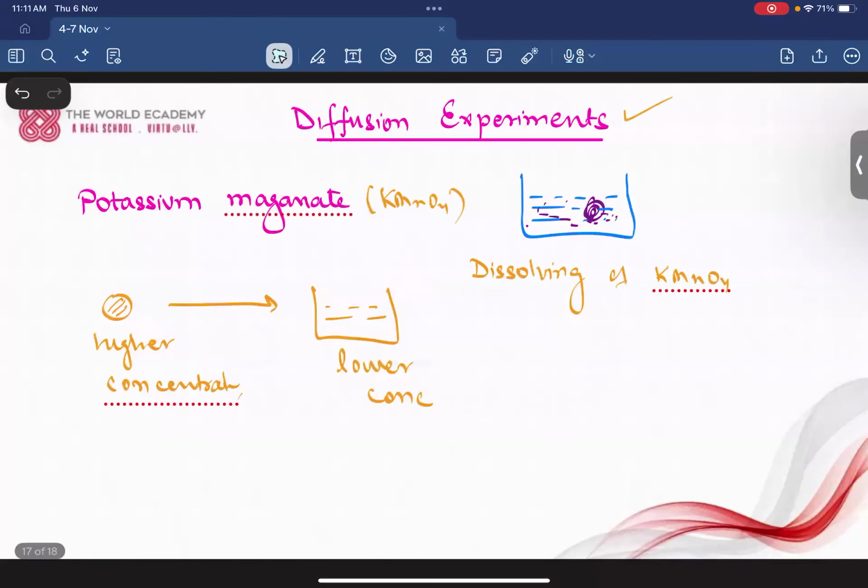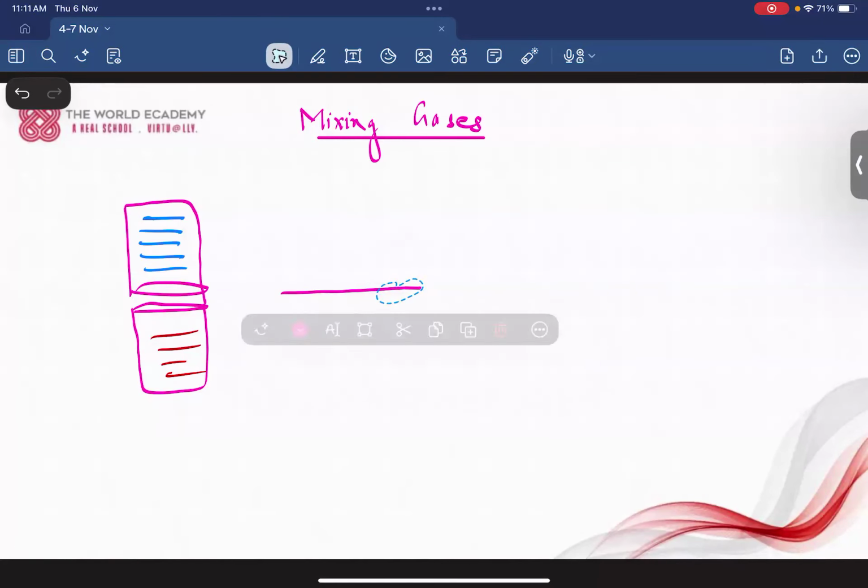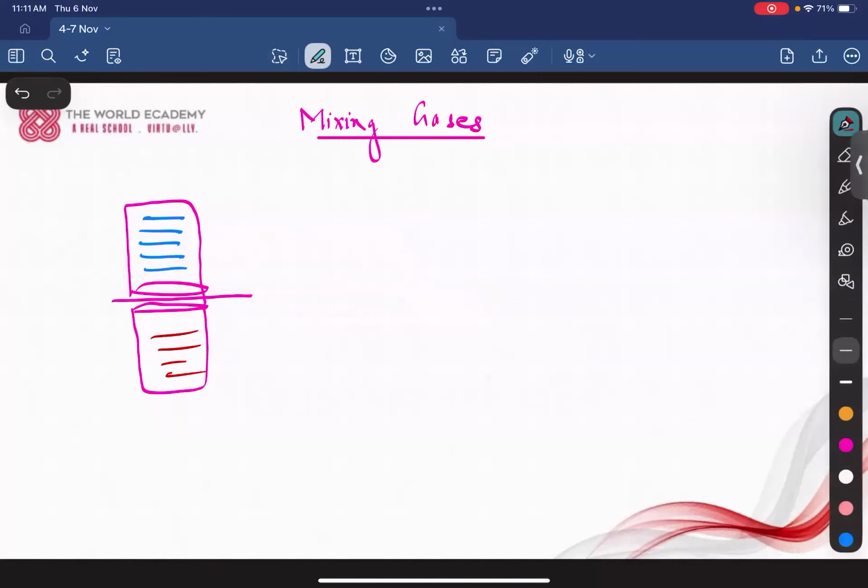The same way when you are mixing gases, suppose you have one jar full of bromine gas. Sorry, just a second. So there is a jar full of hydrogen gas. H2 gas is colorless, you already know, right? We cannot see hydrogen.